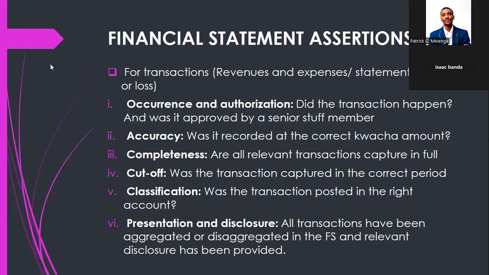So now, when we're testing cutoff, we're trying to test, was this transaction recorded in the correct period, right? So we need to check. We get an invoice, right? We have this invoice. We ask the accountant, show us where this invoice was recorded. Then they say, okay, it was recorded in this particular ledger. Then you check the dates.